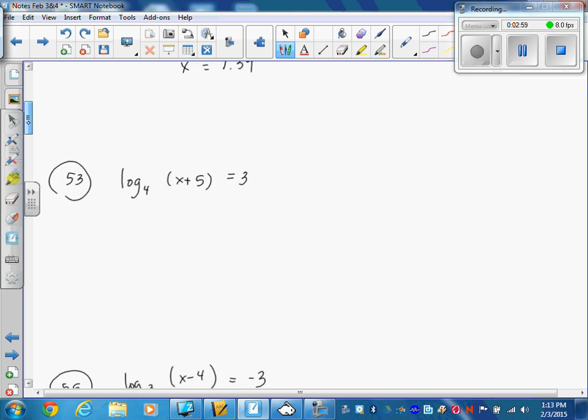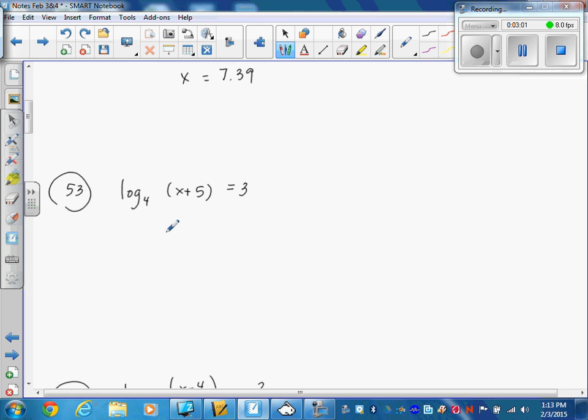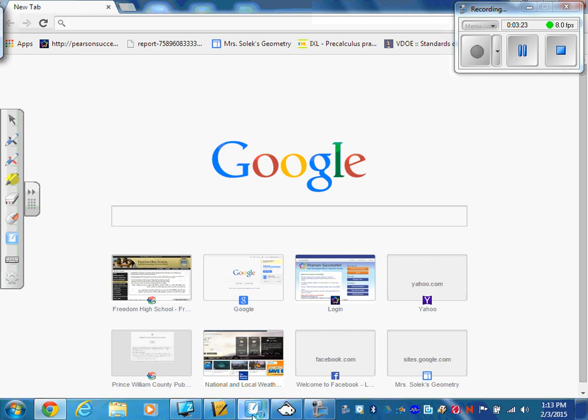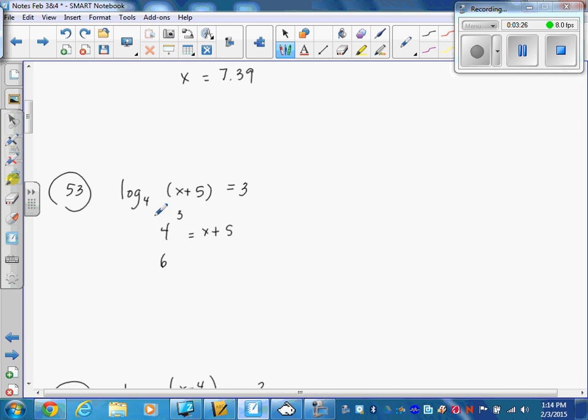Okay, 53. This is where we're going to come back to that 4 to the 3rd power equals x plus 5. So 4 to the 3rd power is 64. So 64 equals x plus 5, and so x equals 69.